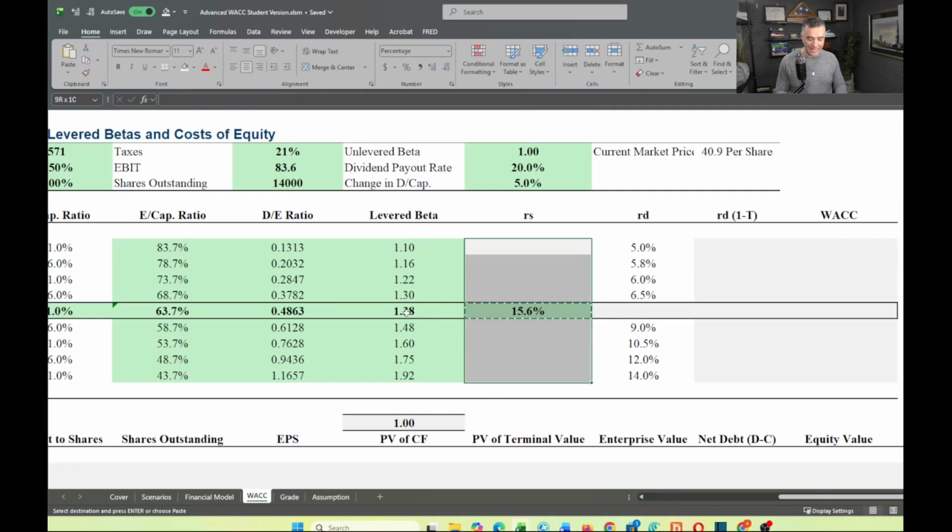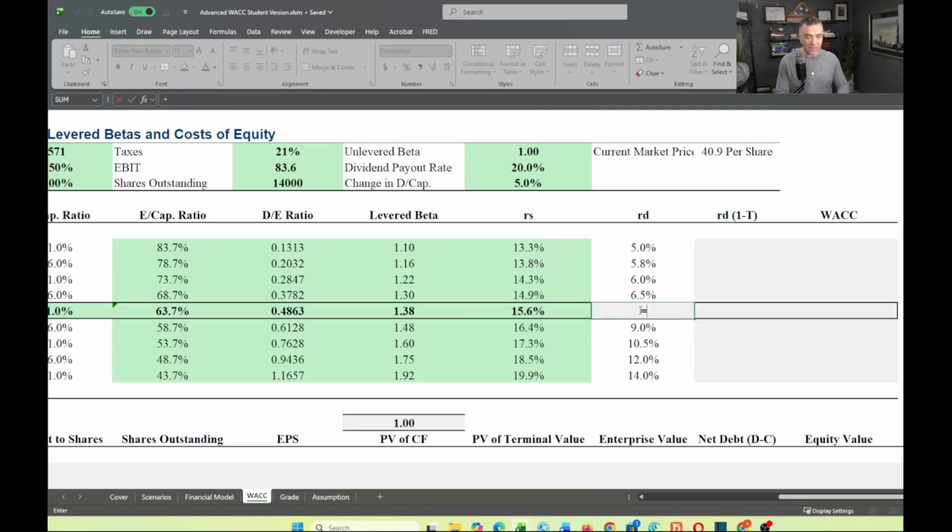Again, I'm going to highlight it, Alt ESF. And now you can see as you issue more debt, investors require a higher return on that stock because you become more risky. Risk isn't bad. Risk means you have a greater chance of making money, but you also have a chance of losing money. For me to buy it, I must earn more money.